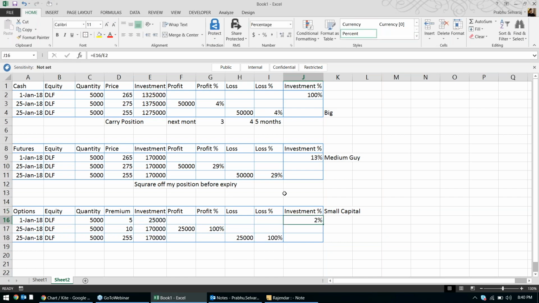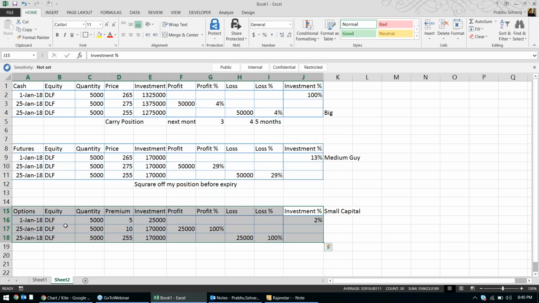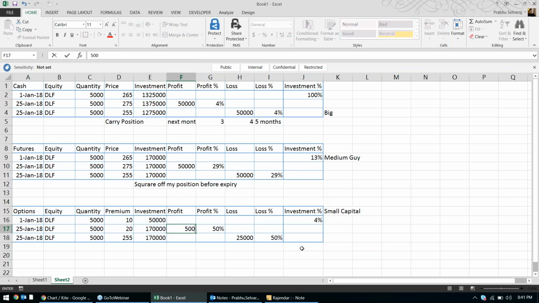The capital he is going to invest in the market is 2%. Okay, let me explain this once again. In cash, you need full investment. In futures, you need only 13% of your capital to take the same amount of shares and make the same amount of profit. In options, you need only 2% of your capital to make the same amount. Maybe we can take this as 10 rupees also, 50k investment, and we can make it 20, 50,000 profit.